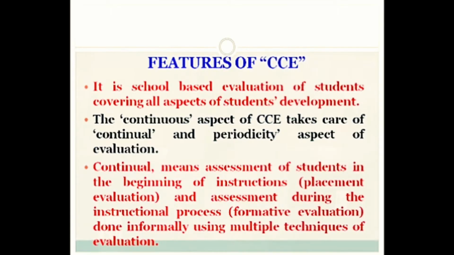Then what are the features of CCE? What are the main features? What are the main characteristics of CCE? Now you can see on the screen that the major features of CCE are: it is school-based evaluation of students covering all aspects of students' development. That means it is a school-based evaluation.